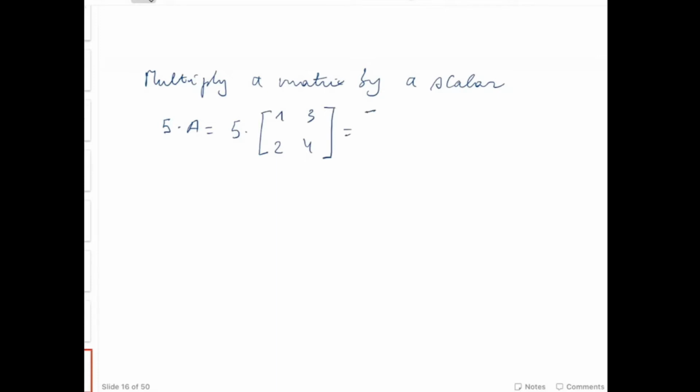In this case, we multiply each element by 5: 5 times 1, 5 times 2, 5 times 3, and 5 times 4. Our new matrix 5A is equal to 5, 10, 15, 20. So in this case, we are multiplying all the elements of the matrix by the scalar.